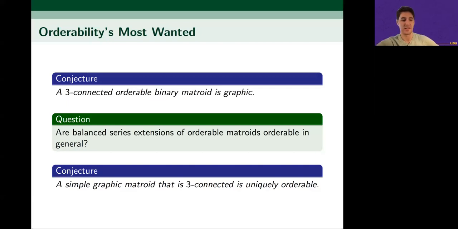And then lastly, it just feels so obvious that in this graphic case, the three connected stuff has got to be the uniquely orderable stuff. And it did feel like we were making progress on that.